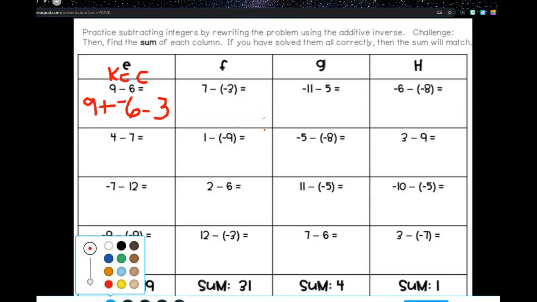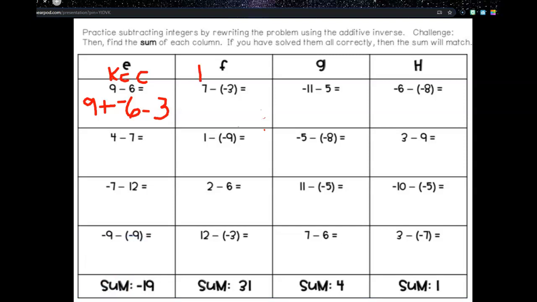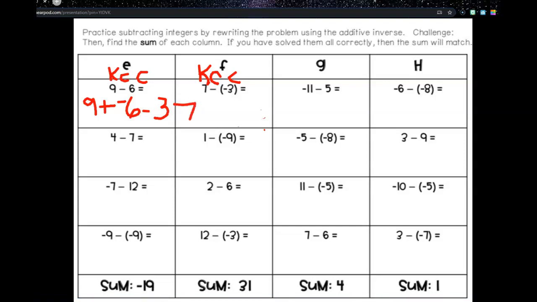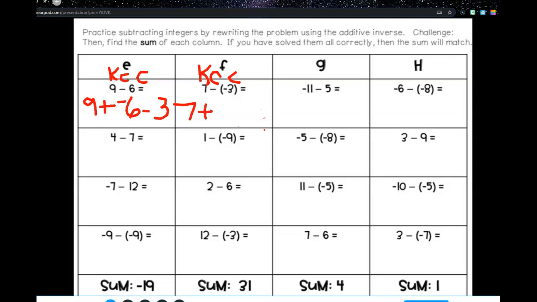Okay. So on all of these, we have to change them from subtraction to addition, and we're going to use keep, change, change, right? So I'm going to put a keep over the 7, change over the sign, change over the second number, which means I keep the 7. I'm going to change the operation to addition, and I'm going to change the second number to its opposite.